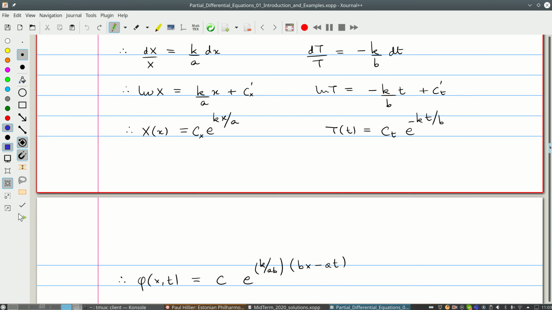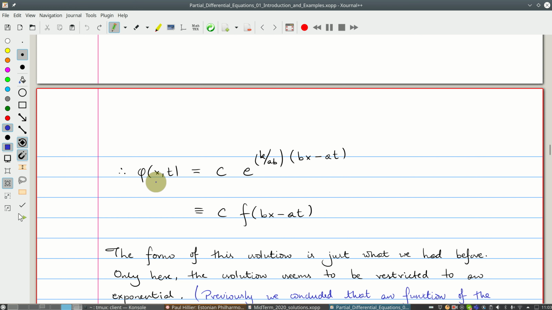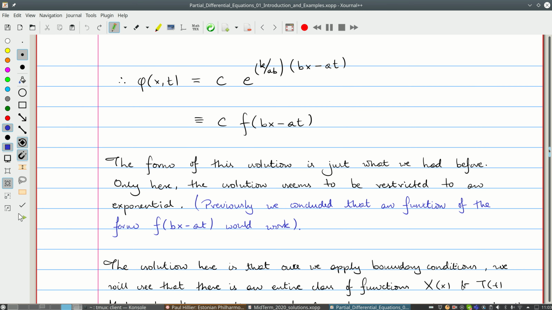And what we're going to see soon is that in general phi will be a linear combination of these kinds of exponentials or complex exponentials, and from those linear combinations we will use those as a basis to represent any function f of x and t in this particular form. So there's no contradiction here, just that we haven't solved the entire problem yet.